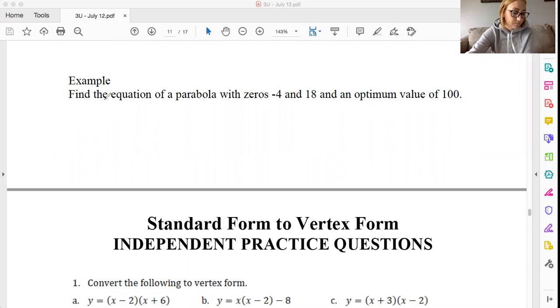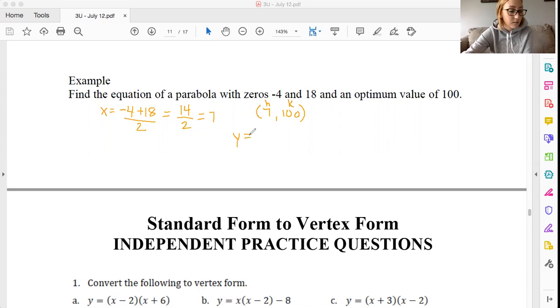So our x would be -4 plus 18 divided by 2. So -4 plus 18 gives us 14 divided by 2, which is 7. So that means our vertex is 7, 100. So our h is 7, our k is 100.